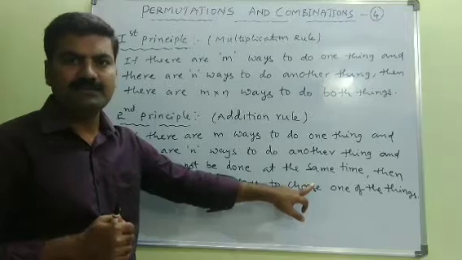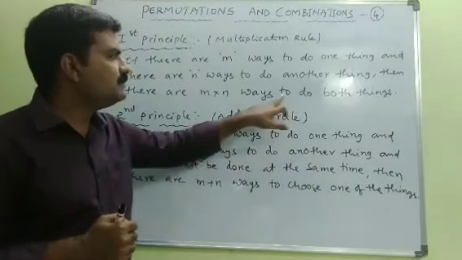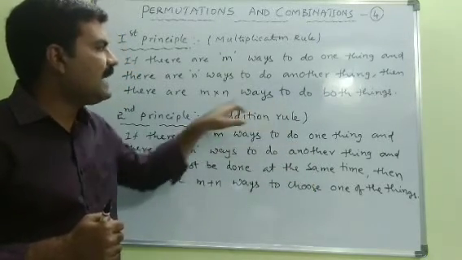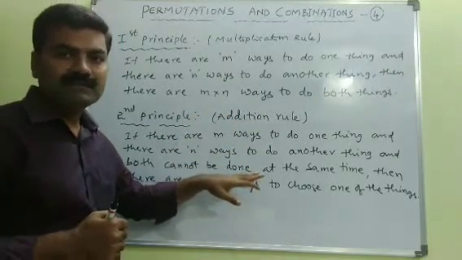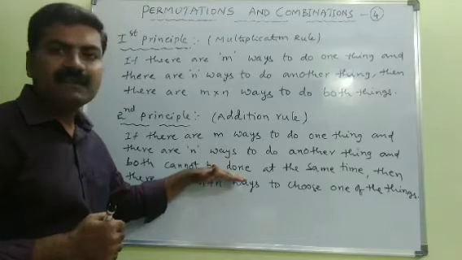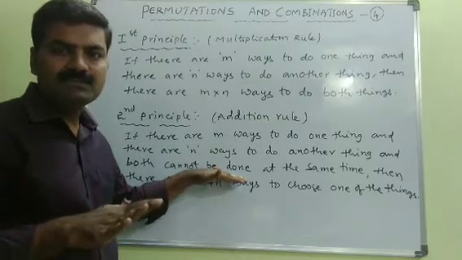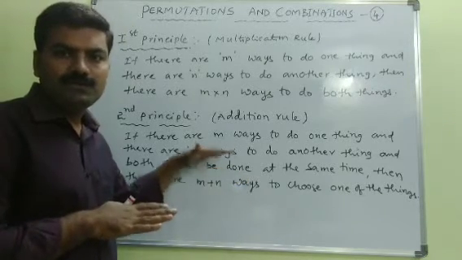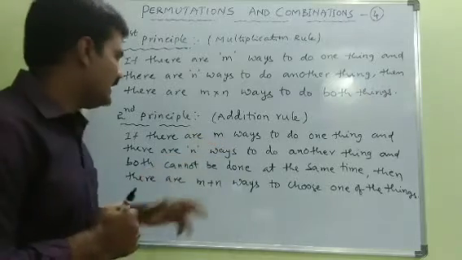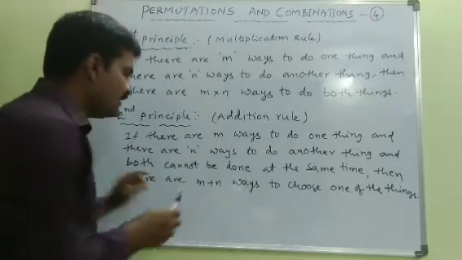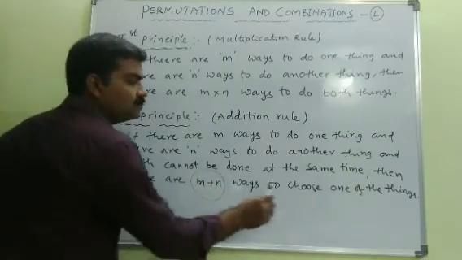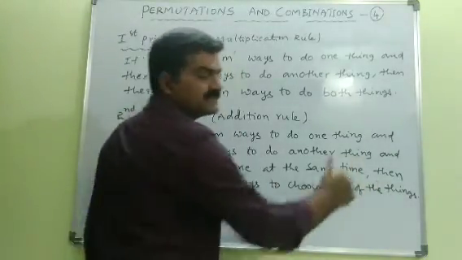This is the point you need to observe. In the multiplication rule, both can be done in m into n ways, but here both things cannot be done at the same time. In this situation, you need to use the addition rule. Hence, there are m plus n ways to choose one of the things.